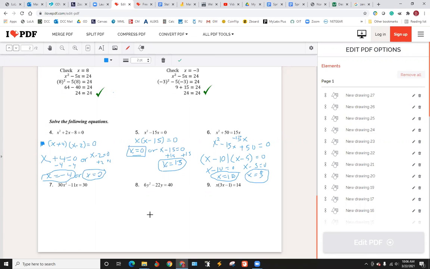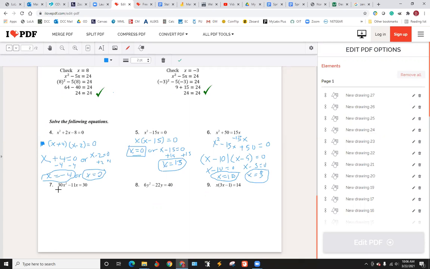So 7 will probably take a little bit of time. I probably should emphasize, when we started this section with number 4, if you can find the greatest common factor, take it out first. And sometimes what that'll do is it'll make things simpler to do the factoring then.